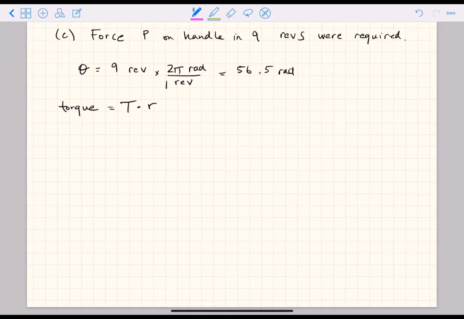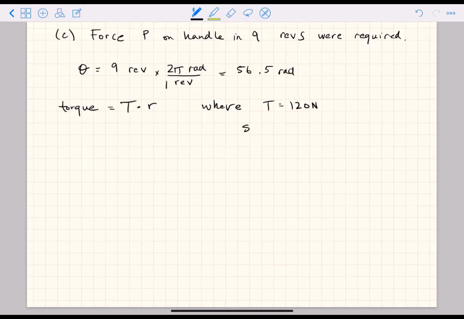How can we figure that out? Well, I'm going to state here where T is equal to, we've already stated it is 120 newtons. Think of our revolution. This is why we calculated the 56.5 rads, the total displacement. We have an equation to convert between our angular displacement and linear displacement.